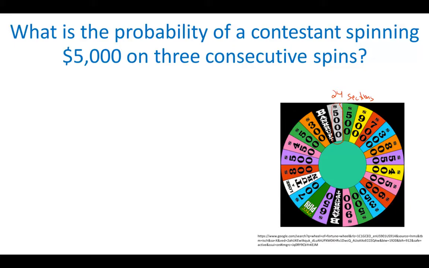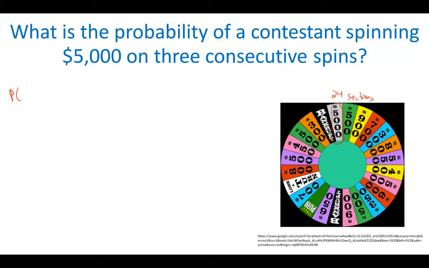So what if we ask the question, what's the probability of a contestant spinning 5,000 on 3 consecutive spins? Well, this we could actually do with what we know right now, because essentially we need a 5,000 and then a 5,000 and then a 5,000. So this is an and probability.